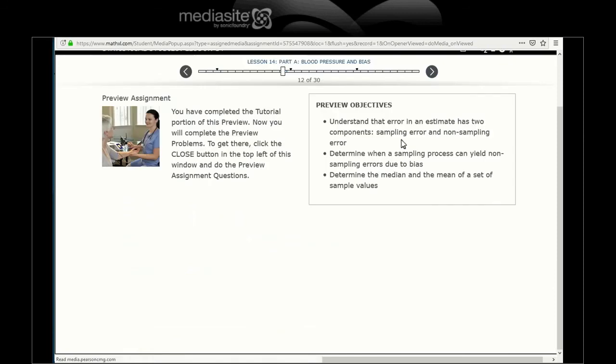Next one, here we go. So let's see. We looked at the two types of errors, sampling and non-sampling error. We looked at what can cause bias, and the median and mean of a set of data. All right.